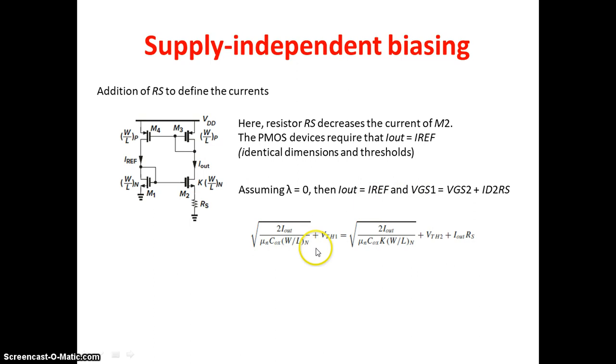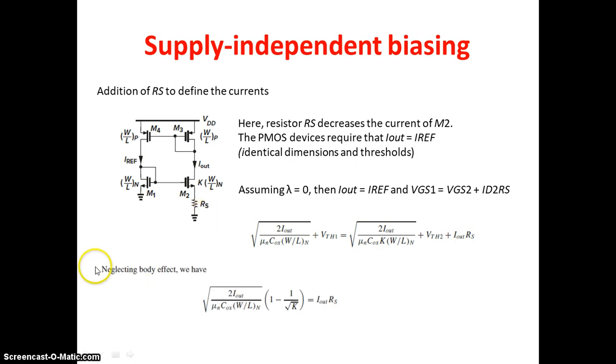Okay, this is for VGS1. Then for VGS2, square root of 2 I out divided by mu n C ox K into W by L, plus VTH2. Here it has a K factor. This ID2 is nothing but I out, whatever the current flowing, I out into RS.